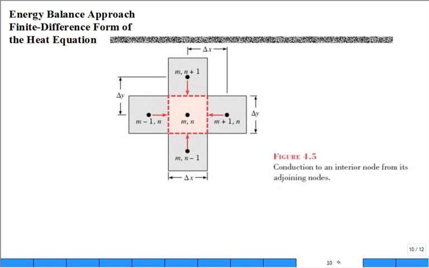So here's the illustration, right? And so you say, here's the interior node. Its zone, or control volume associated with that node, is shaded pink, and there's a red dashed line indicating the boundary, across which there could be flow. And you say, well, I could have flow in from the right.